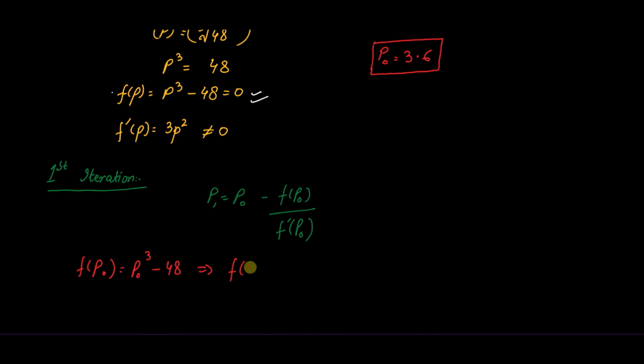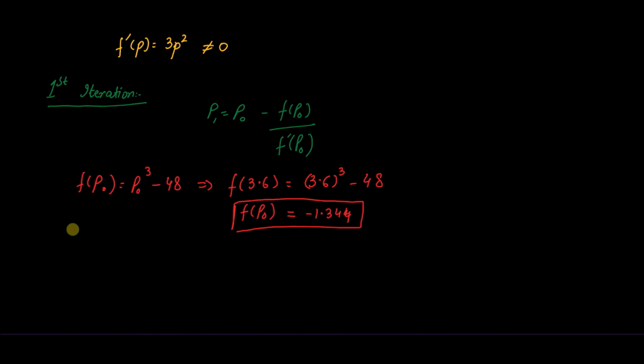The value of p naught is 3.6, so I substitute it in place of p naught, minus 48, and we get the answer negative 1.344. That is our f of p naught.